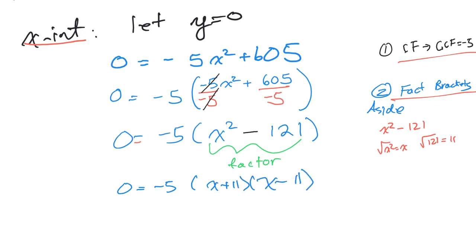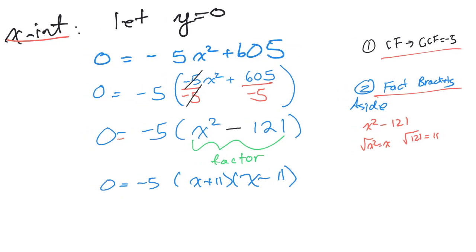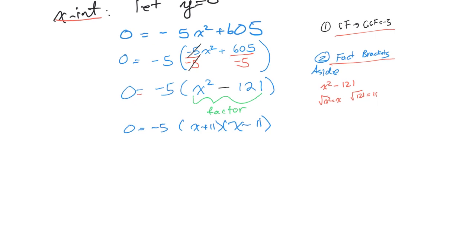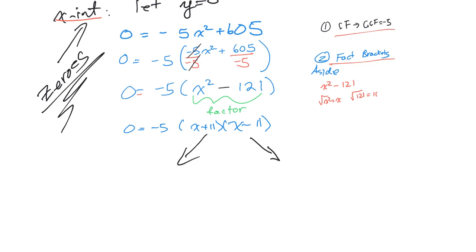Now, just like our last lesson that we studied, here's what we're going to do. In order to find the x-intercepts, otherwise known as the zeros, we take the stuff that's in brackets and we say x plus 11 equals 0, or x minus 11 equals 0, and then we just solve individually.